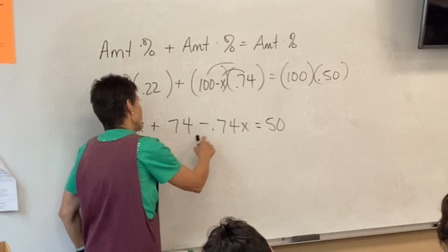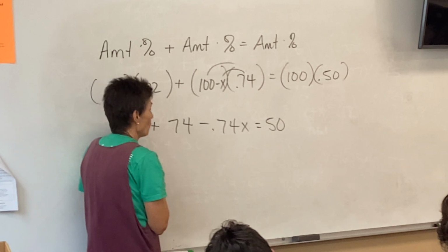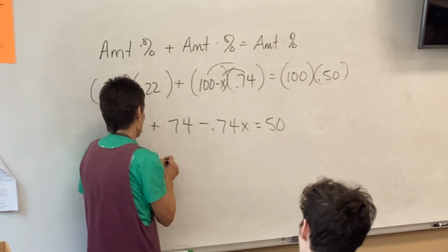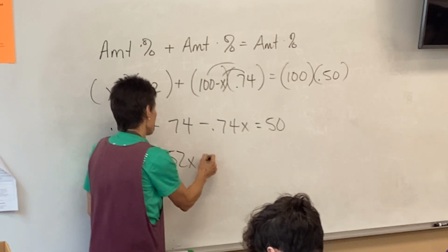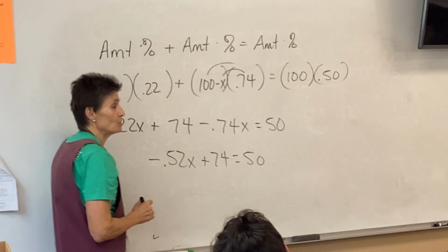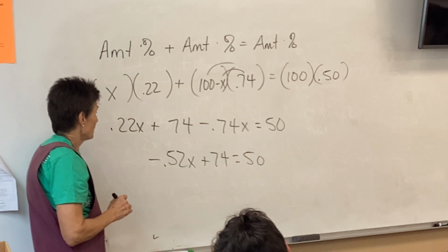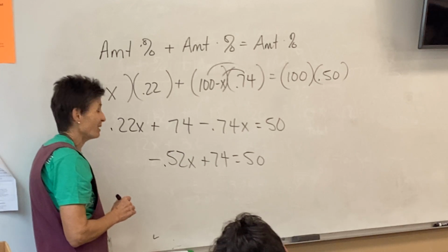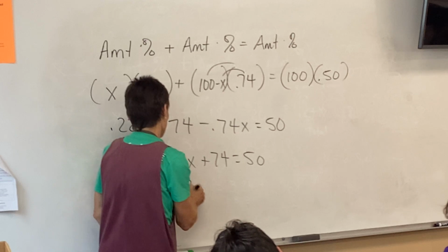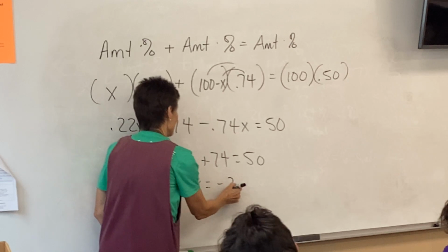So 0.22 minus 0.74 is going to give me minus 0.52. Did I subtract right? You're going to have a calculator, so don't worry. Use your calculator. And then what? Subtract the 74. So it's going to be negative 24.